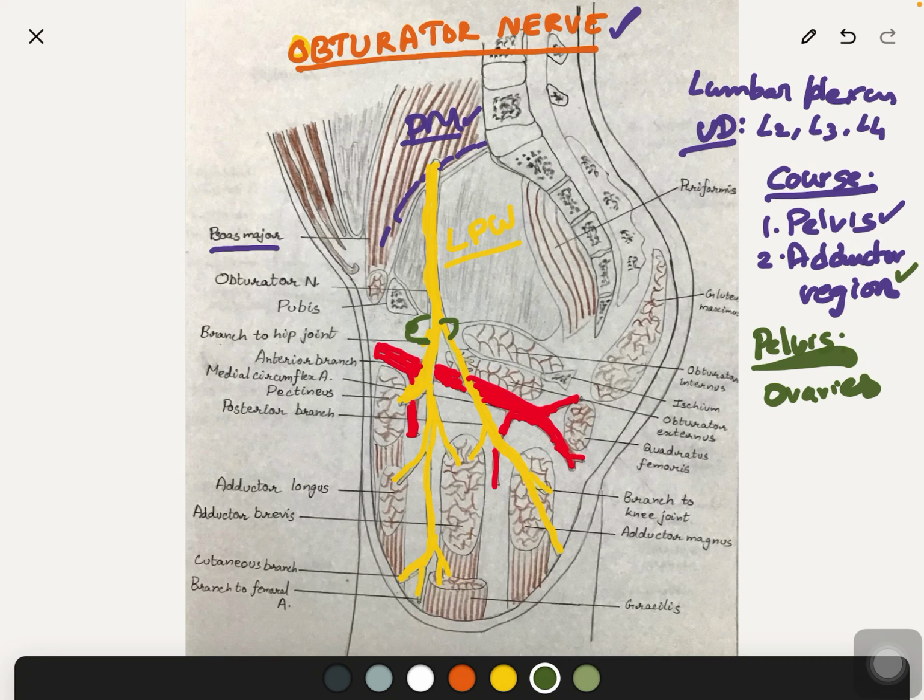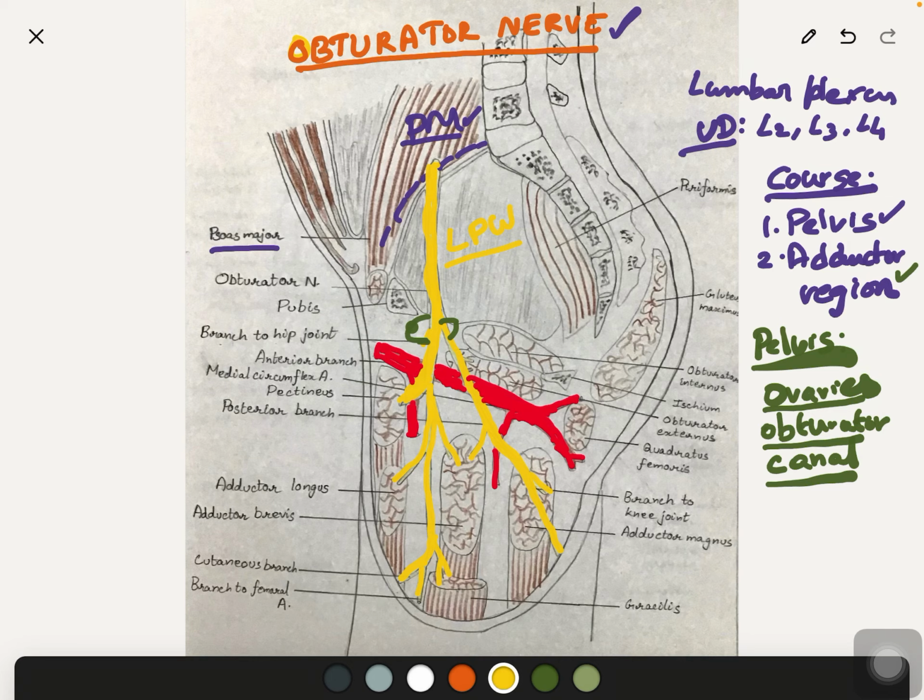The obturator canal is an opening in the obturator foramen. The obturator foramen is covered by the obturator membrane. A slight opening is present in it, called the obturator canal. So it enters the medial side of the thigh through the obturator canal.